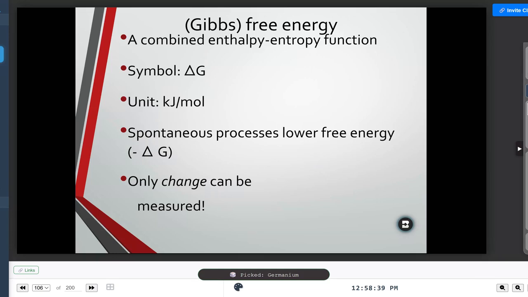So our Gibbs free energy is symbolized with the delta G, and its unit is kilojoules per mole. You'll notice that this one is in kilojoules. And what we learned about previously was that the enthalpy is in kilojoules, but the entropy is in joules. So when we do conversions, we've got to make sure that we convert our joules to kilojoules.